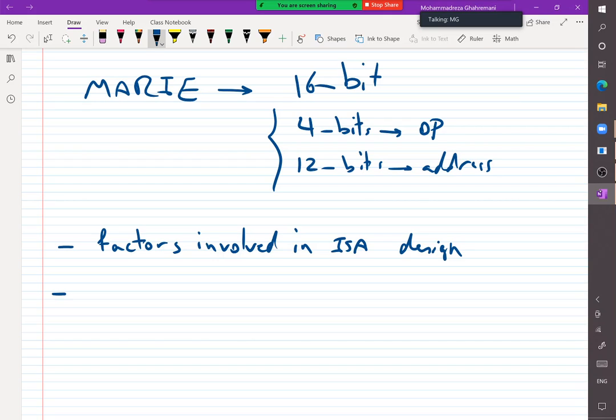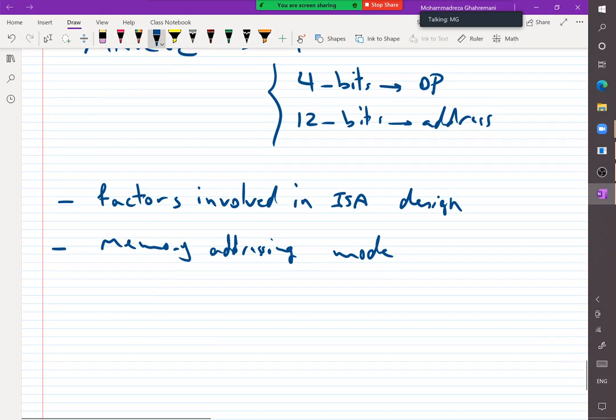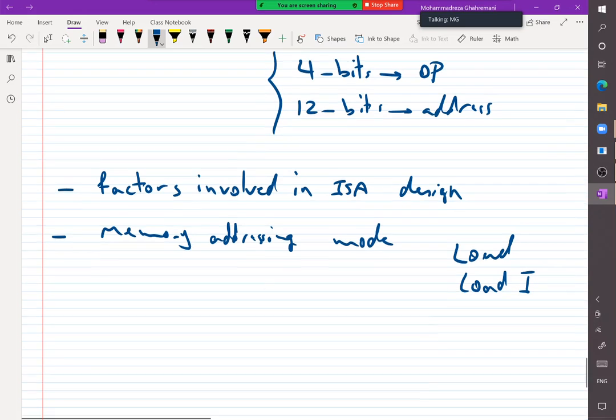Also, we want to discuss different memory addressing modes, because in the microprocessor we had two different addressing modes. If you remember, we had, for example, load and load I, indirect addressing and direct addressing. But there are more types of addressing.